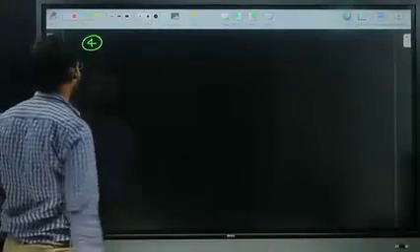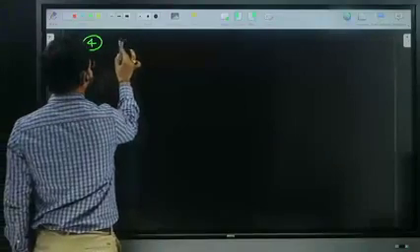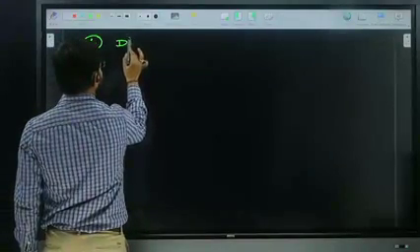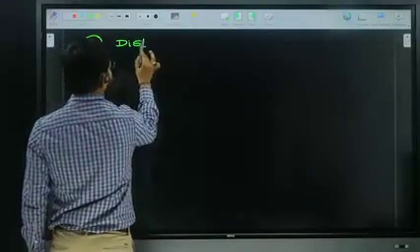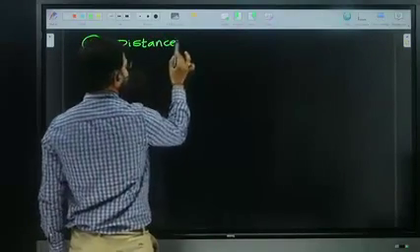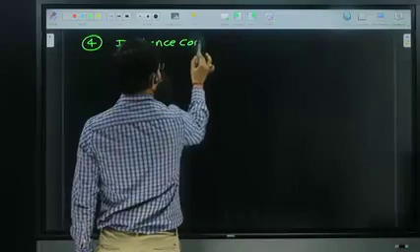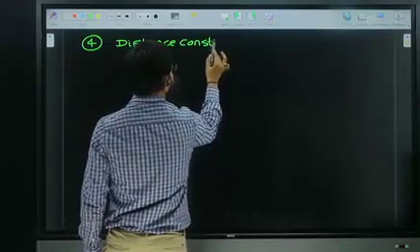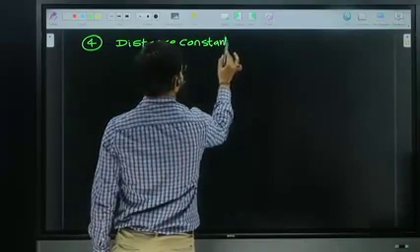Coming to the fourth type: when distance is constant. When distance is constant, they may ask for the average speed.